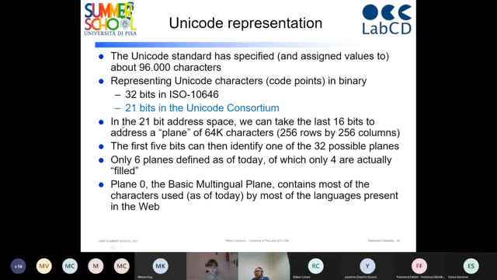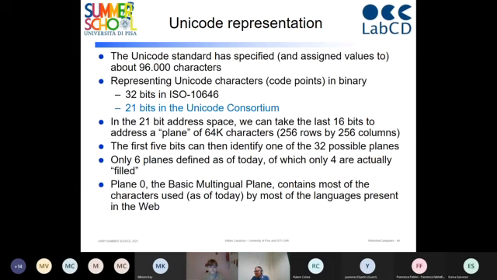But as I was saying, the Unicode Consortium, which has been the first one and is what we are using, decided they need 21 bits to represent a code number. If you remember the picture from before, 21 bits is about 2 billion numbers.